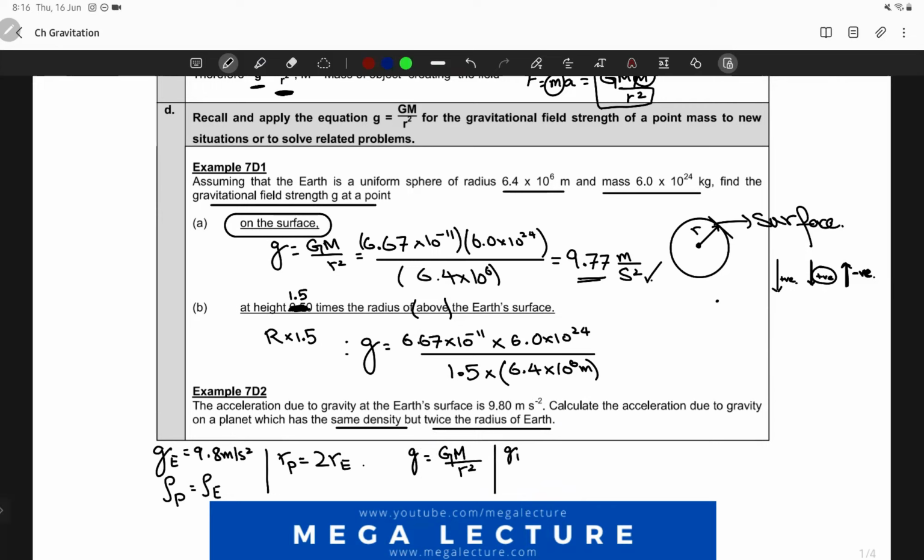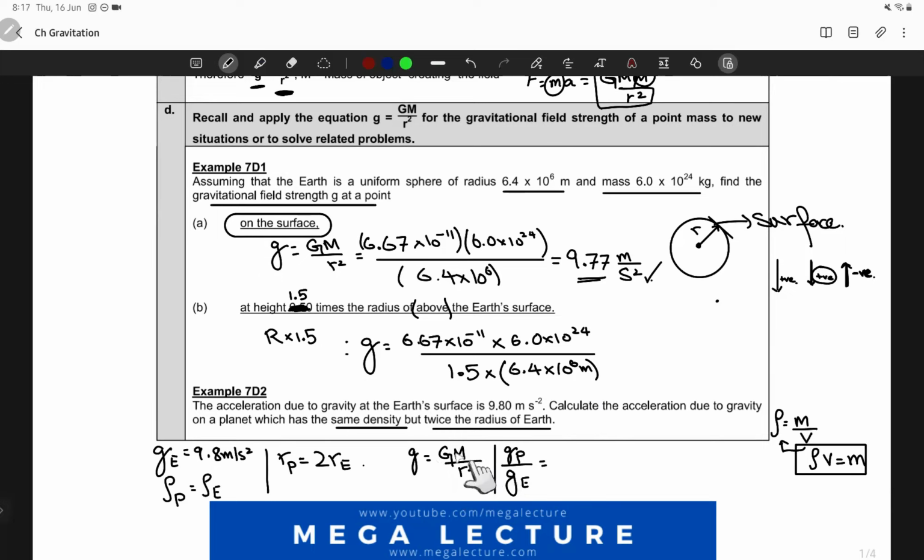So if I say g_p over g_Earth, what is g_p? Well, density is mass over volume. So in place of mass, I can write density times volume.